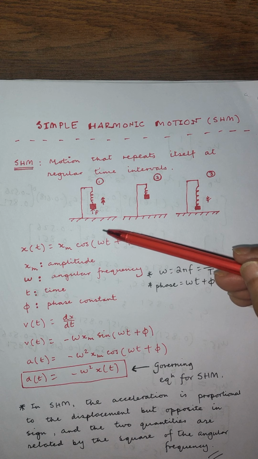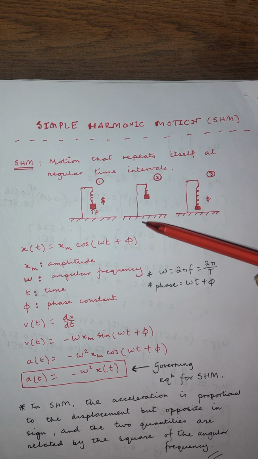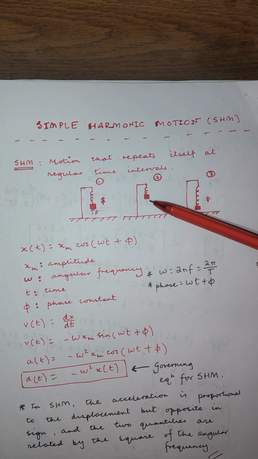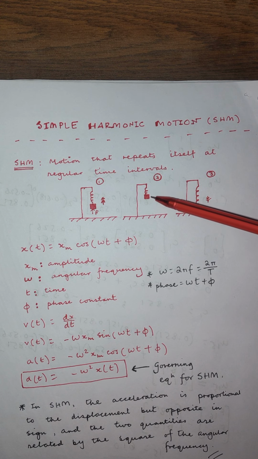At some point, the situation would be something like this, and at some later stage, what we would see is this block would actually start coming down, moving down, and eventually we may see something like this.